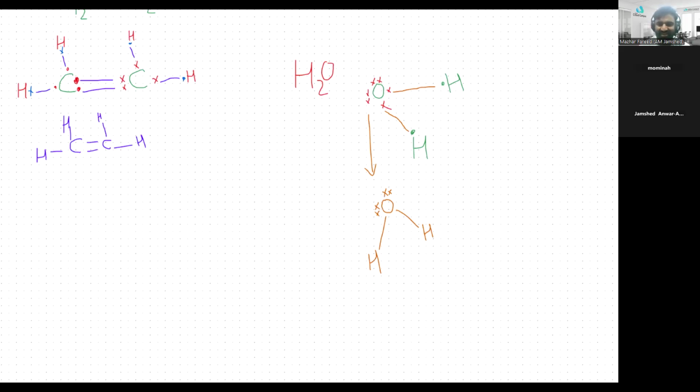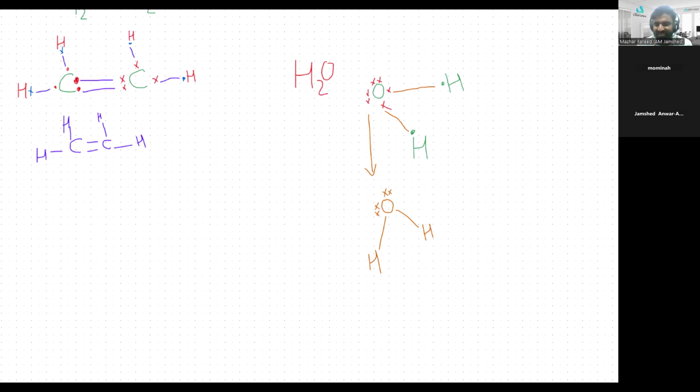So can you guess which type of covalent bond is present in the water molecule? Single, triple, or double? Single, because one electron pair participated in the formation of each bond. That's why a single covalent bond is present in the water molecule. How many covalent bonds are present in the water molecule? 2.